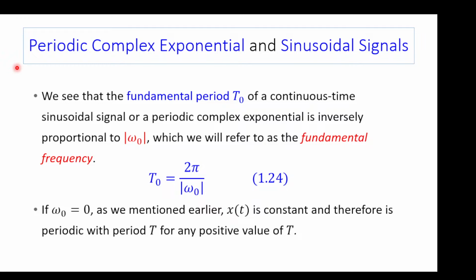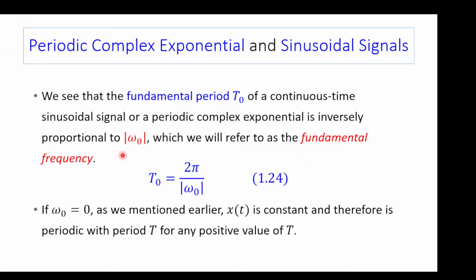Okay, then let's introduce another concept. We have the fundamental period of any signal, but for continuous time, for the continuous time sinusoidal signal and the periodic complex exponential, we can define this.